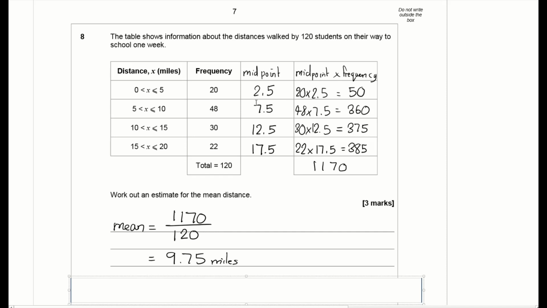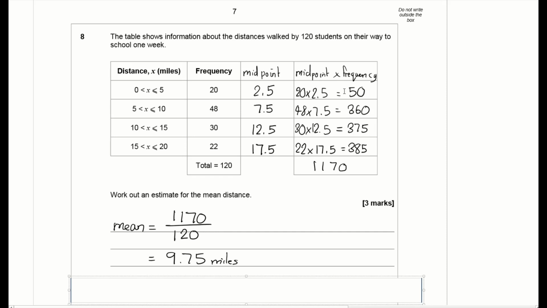Now, the 2.5 here was representative of a single person, but there are 20 people in this interval, so the 4th column here is your midpoint times your frequency. So we multiply each frequency by the midpoint for all 4 of these rows. So 20 times 2.5 equals 50, 48 times 7.5 is 360, 30 times 12.5 is 375, and 22 times 17.5 is 385.